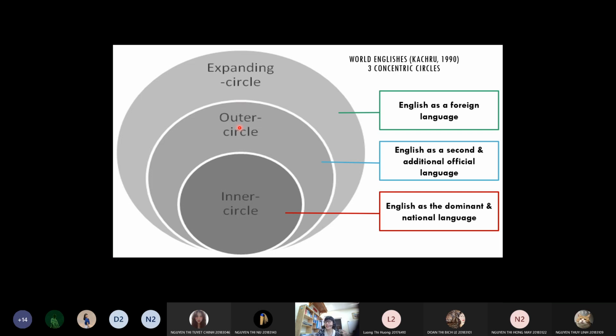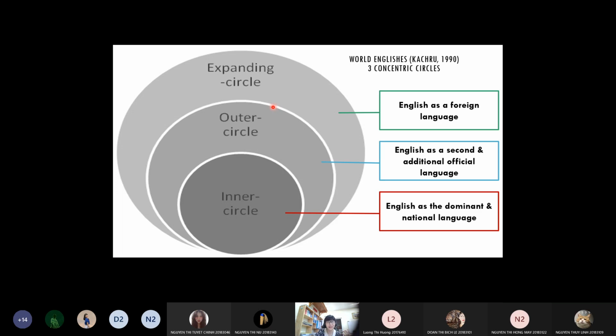And for the case of Malaysia, English is popular there, and I was there a few years ago because I love traveling. Based on my observation, Malaysia tends to move towards the expanding circle. So Malaysia here and moving here, Vietnam here and moving here.